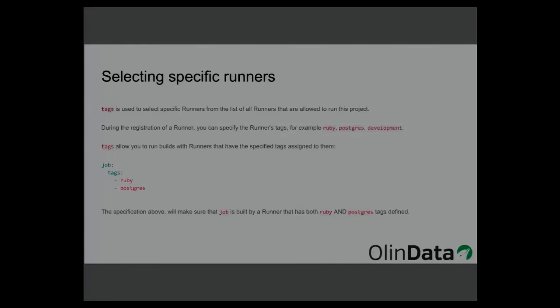As you're registering a runner, for instance, a Windows runner, you can tag it with Windows, and then in your jobs, you can tag your Windows jobs with Windows, and nothing else will run on those runners except for jobs that have been tagged Windows. You can have multiple tags, so it's a fairly flexible system. You see them here as well.